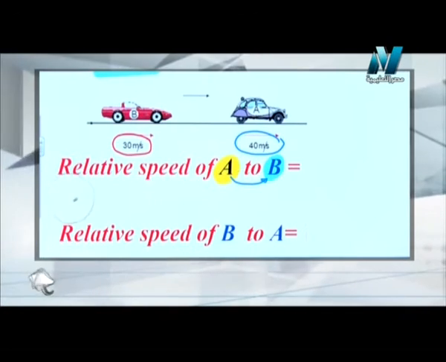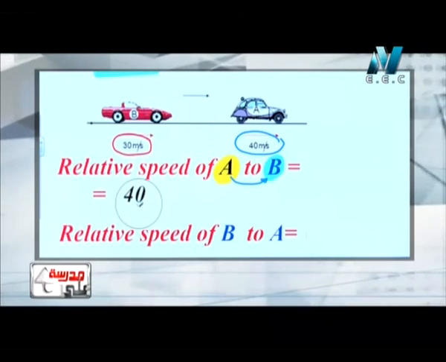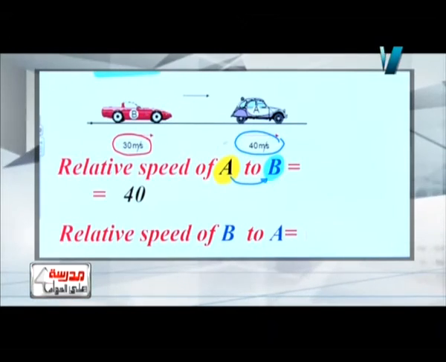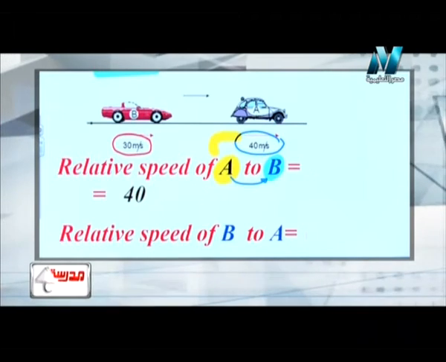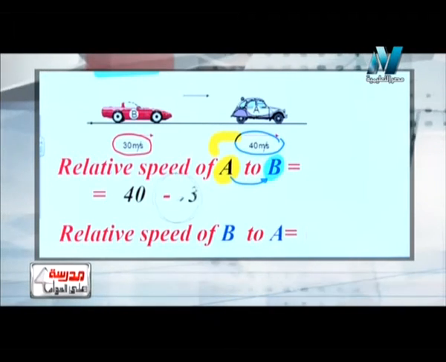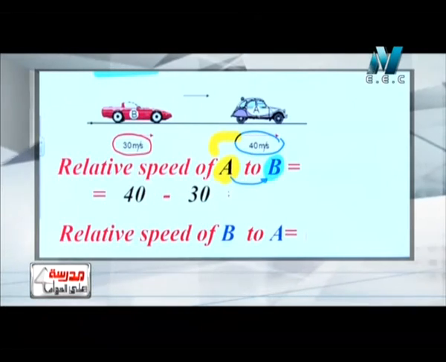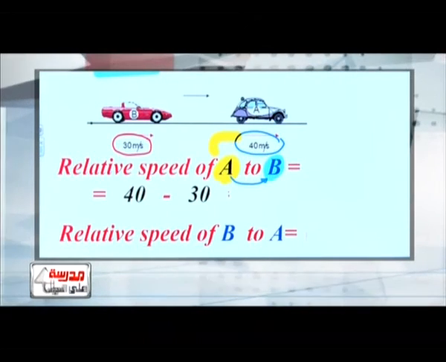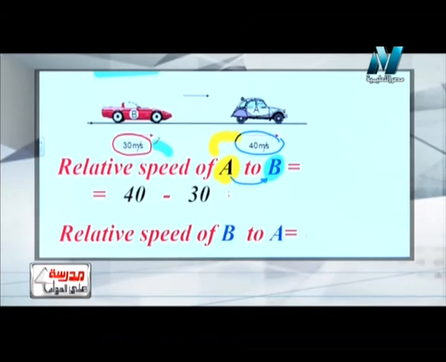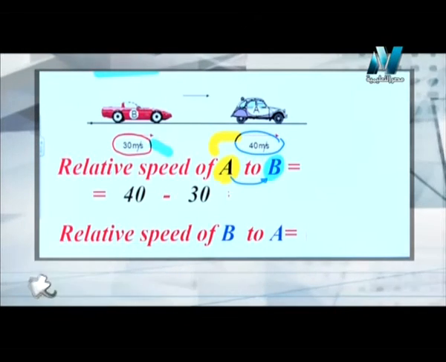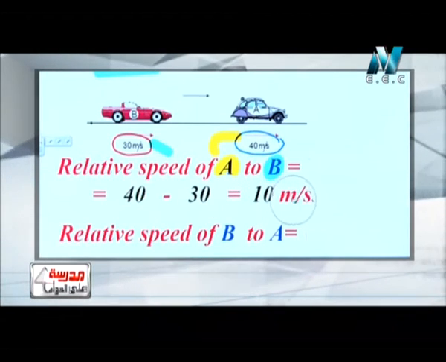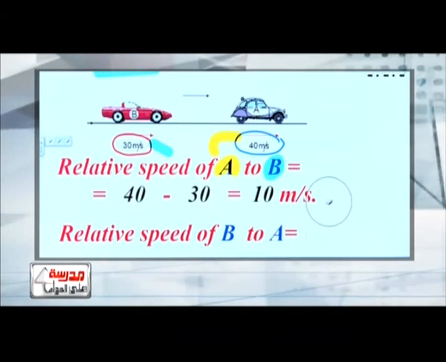يبقى هنعمل in this case 40, اللي هي car A, minus 30. What is 30 here? 30 is car B, as you see here. So the result here equals 10 meters per second.